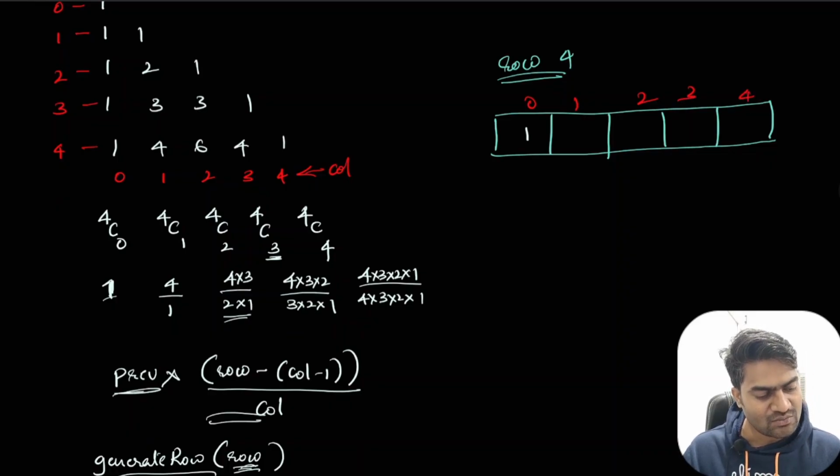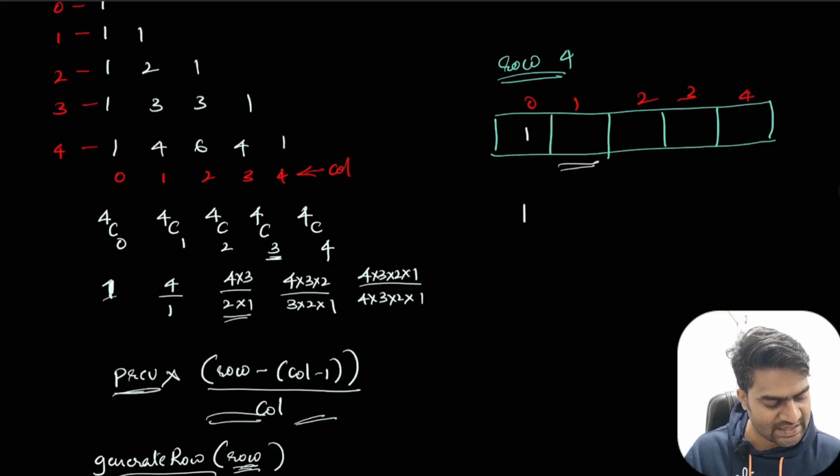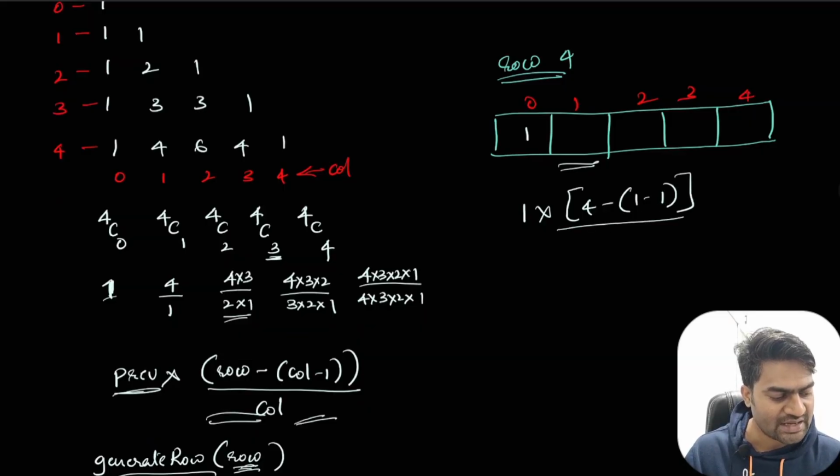For the second number, I will use this formula. Previous will be 1, into the row, which is the row index 4, minus the column 1, so 4 minus 1 divided by 1. I will get 4. So I place this 4 here.